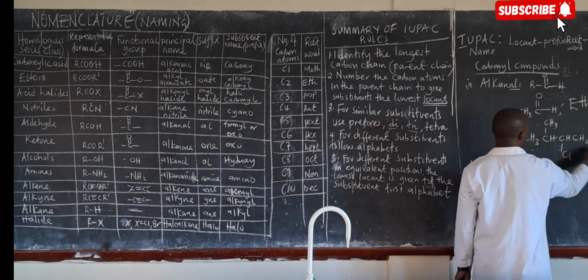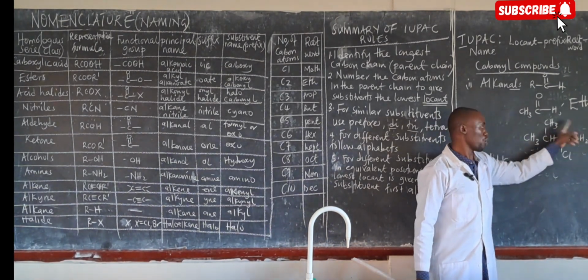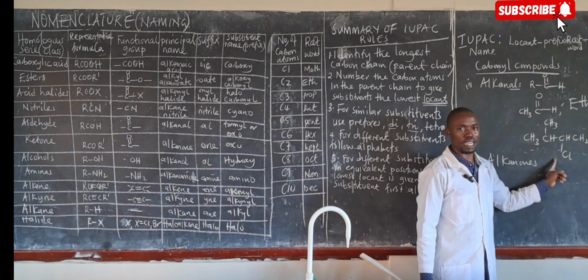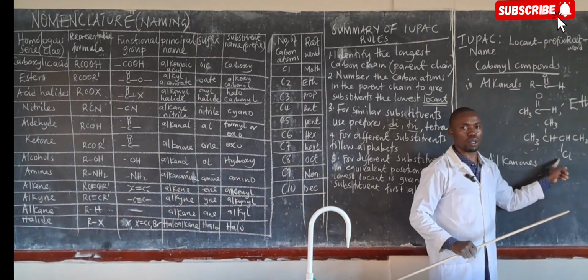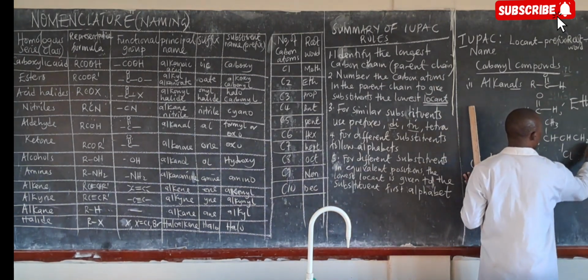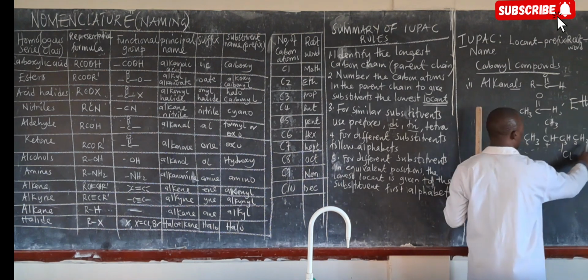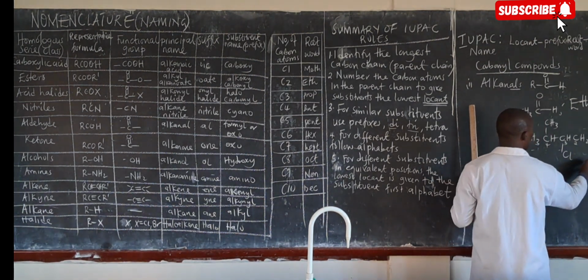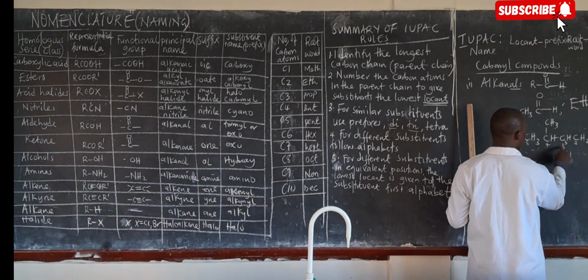Then this one, of course, priority goes to this functional group, because alkanes and the halides, the halo atoms here, are ranked down in the priority table. So priority goes to this: 1, 2, 3, 4, 5. I would name it with the chloro group, then the methyl group.